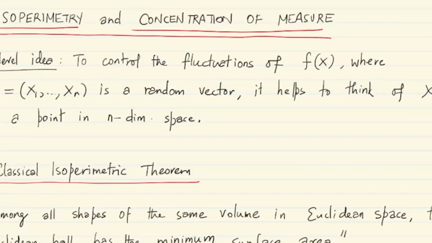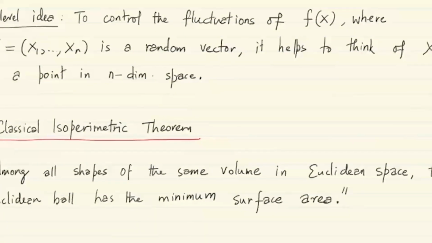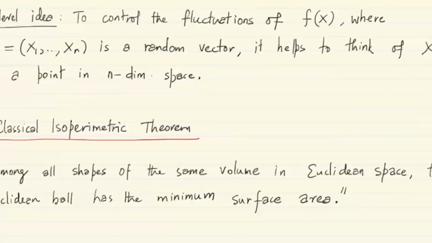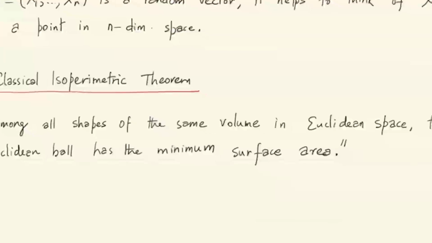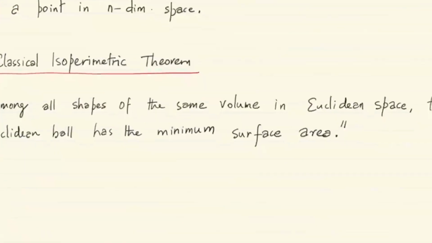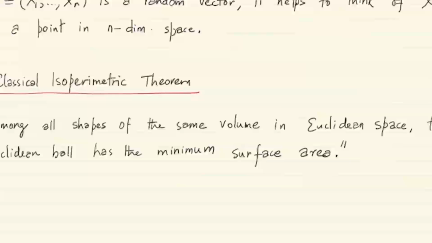Okay. So what is firstly the isoperimetry view here? Here is an example of a classical isoperimetric theorem, which is perhaps a statement that you would have seen during the course of high school or college, which is regarded as a well-known fact by now.